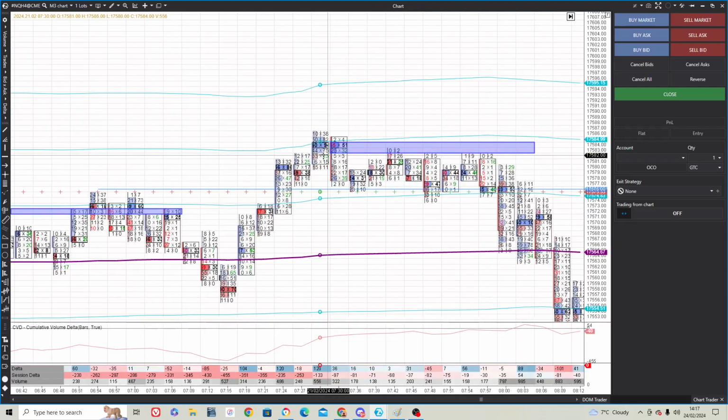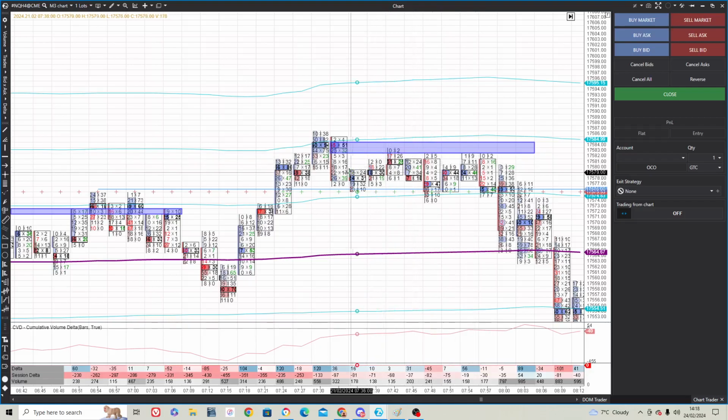So it's broken this imbalance and broken this high volume node. That's a sign of weakness. And then we can use this imbalance and high volume node as a kind of retest level to get in. And you can see the market came and tested it. Very slight delta divergence, probably more noticeable on M1, but this is an example of a kind of lining up confirmation, which I'll explain in more detail in another video.